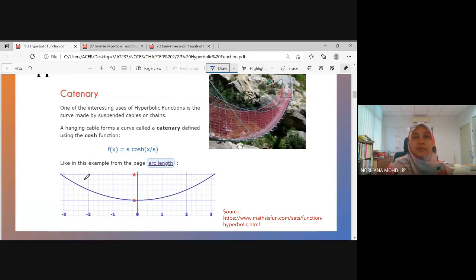A hanging cable forms a curve called catenary, defined using the hyperbolic cos function. This curve, the hanging bridge, is in the form of hyperbolic cos. This is one example, the hanging bridge.